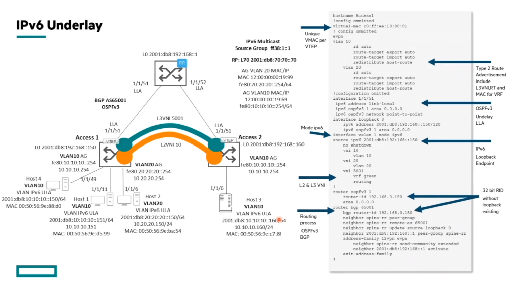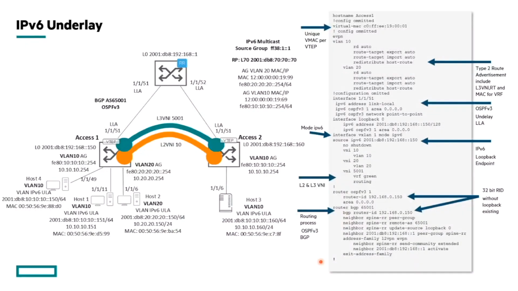I'm using this basic setup where we've got two access switches, or leaves if you want to call them, and a spine, and I've got a snippet of a configuration on the right. The overall structure is very similar, so I'm just going to point out some key points that are different.